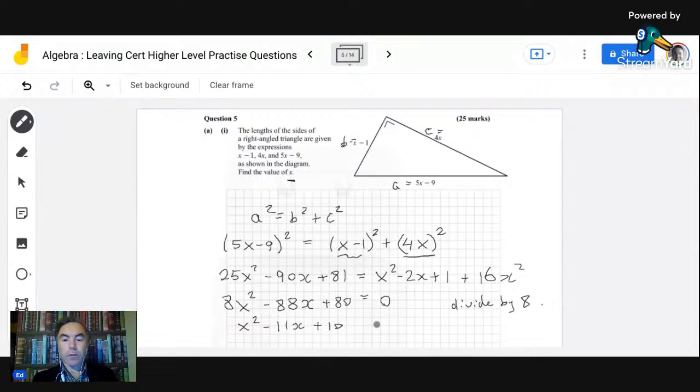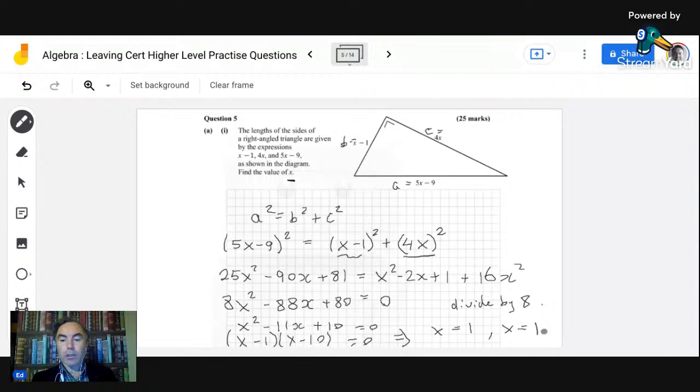So let's factorize this. So what two numbers will multiply to 10 and add to 11? Well, 10 and 1, and they're both going to be negative. So they're going to multiply to give a positive and add together to give a negative. So it'll be x minus 1 by x minus 10 is equal to 0. So therefore, the two solutions would be 1 and 10.